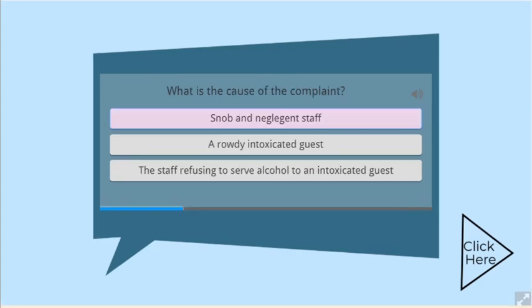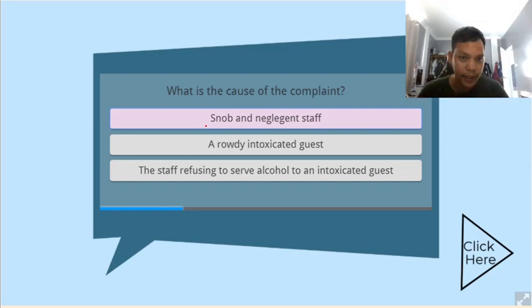And lastly, what is the cause of the complaint? Number 1 is either snub and negligent staff, or a rowdy intoxicated guest, or staff refusing to serve alcohol to intoxicated guests. So the cause of the problem is a rowdy, intoxicated guest.